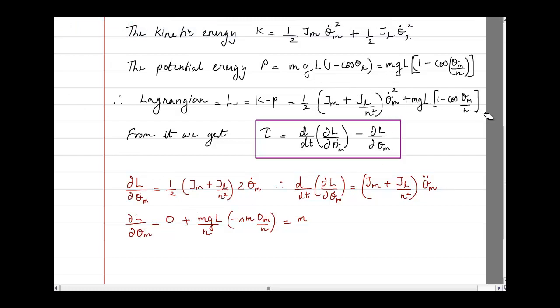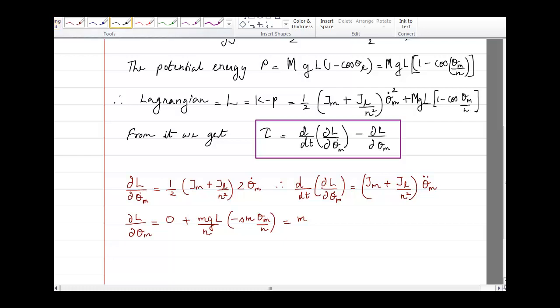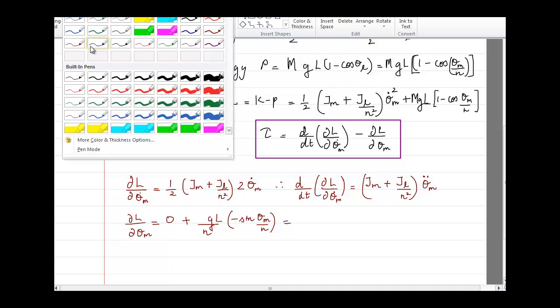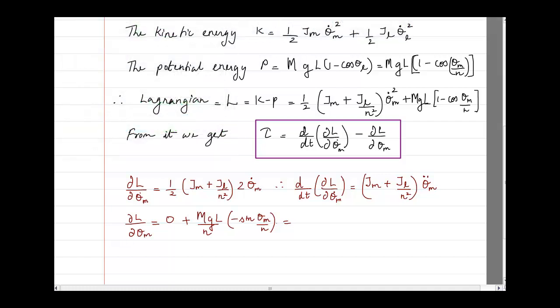Because I have written small m for the motor, it is better to write capital M. So here it should be capital M, and here also capital M. So it is M g l by n, and minus is going to come commonly, sine of theta m by n.